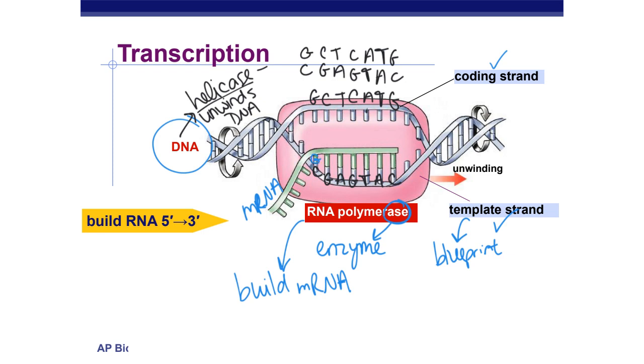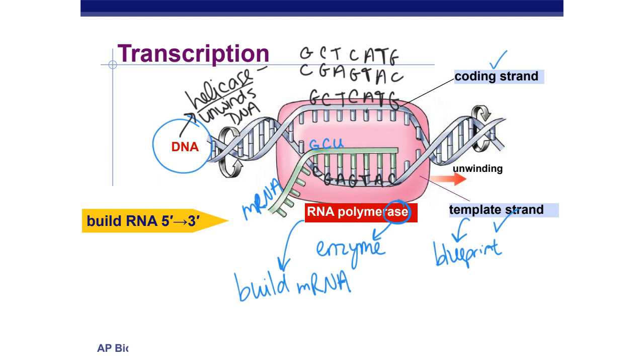Again, I'm going to go above so you can see it better. So the C, that would be a G, G to C, A, but because I'm making RNA, A goes with U. Remember, U takes the place of T. U does not bond with T. It takes the place of T.